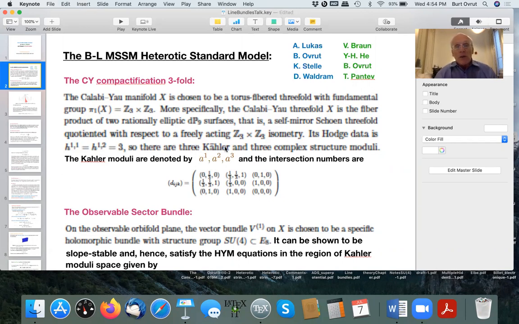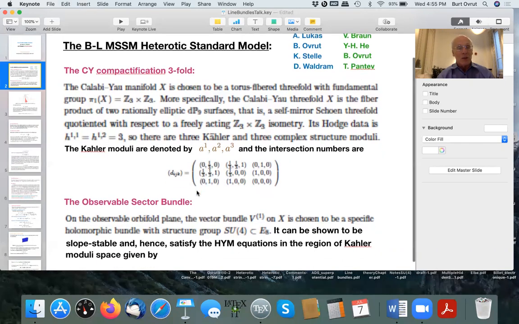So only the Kähler moduli and not the complex structure moduli, and it has an intersection number, which is complicated, but because it occurs in almost all equations here, I'm just showing you what it is to begin with.